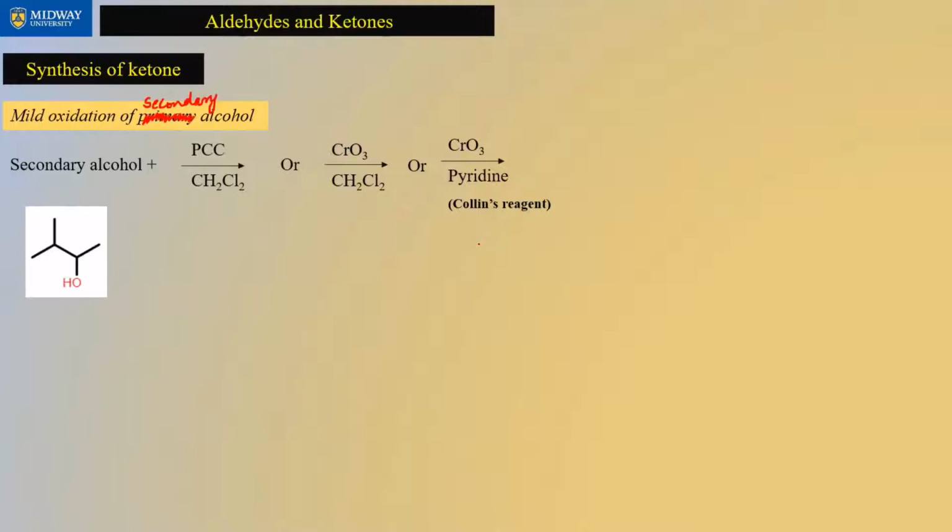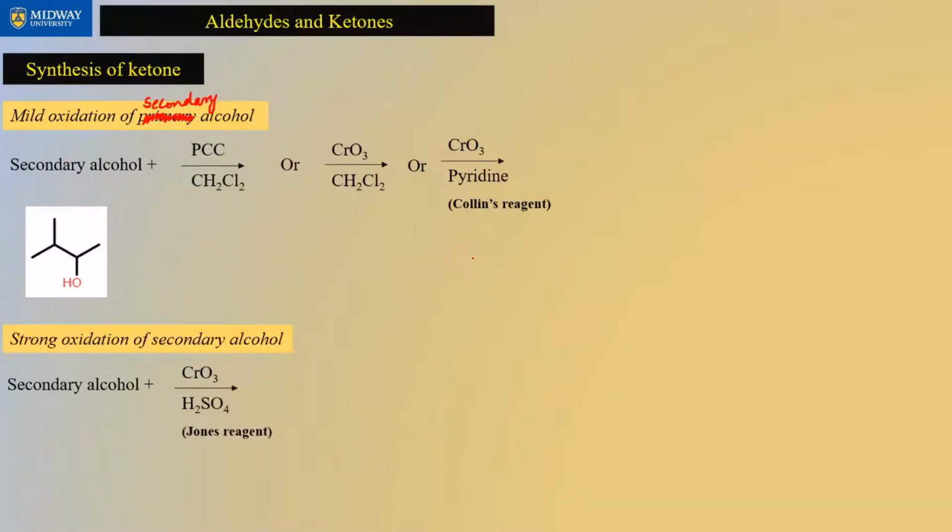Now, with a secondary alcohol, you can use both mild oxidizing agents and moderate to strong oxidizing agents. It makes no difference. It just goes to a ketone and just stops there. And that's why with primary alcohols, we use only mild oxidation procedures, whereas with secondary alcohols, we can use both mild and strong oxidizing agents.